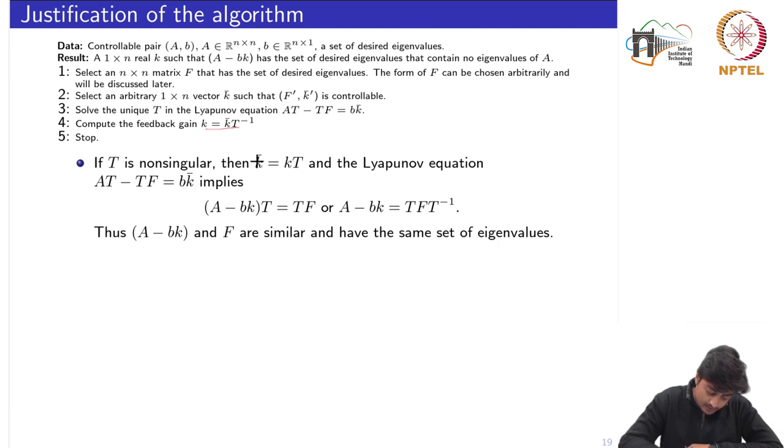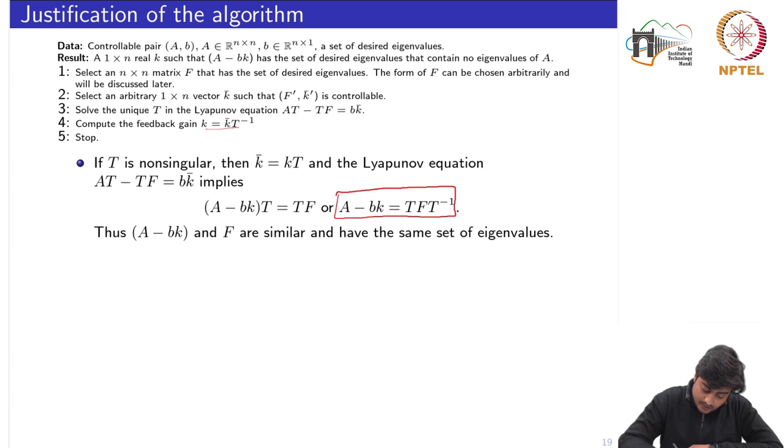For example, if I put k bar equal to kT here and take it on the left hand side, I would have A times T minus B k times T, and after taking the T matrix common, the rest of the thing is A minus Bk, and we take this part onto the right hand side, so it would give me T F. Now again taking this T matrix onto the right hand side, I would have A minus Bk is equal to T F T inverse.